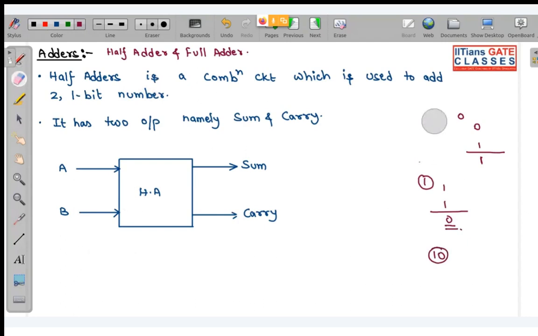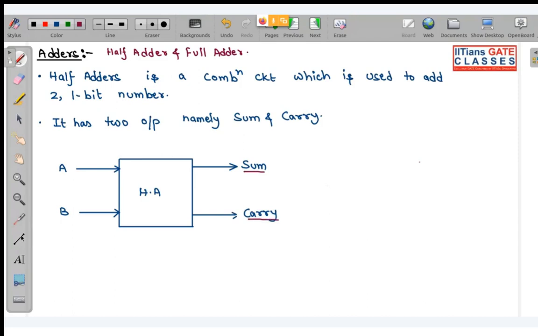In our calculators and all such places we actually have a full adder, but the full adder is constructed using half adders. Okay. So look very carefully at what a half adder is. A half adder has two inputs to add two 1-bit numbers, and it has two outputs. One output is sum and another output is carry.